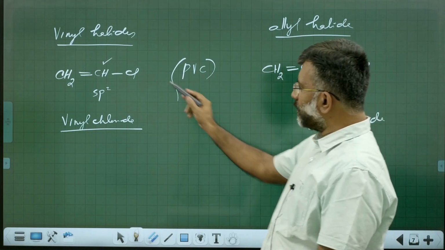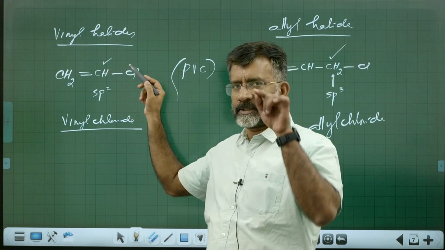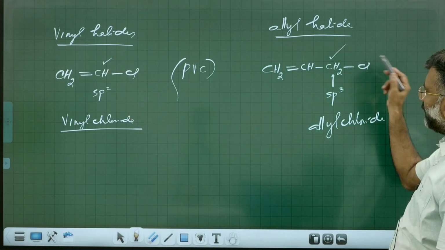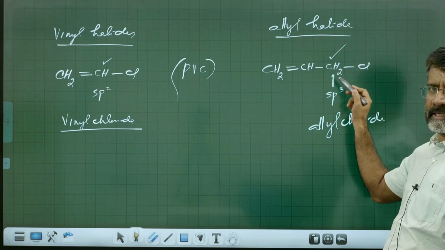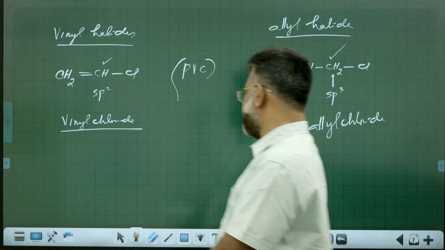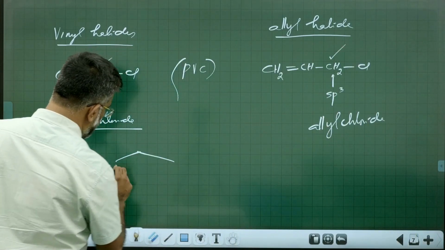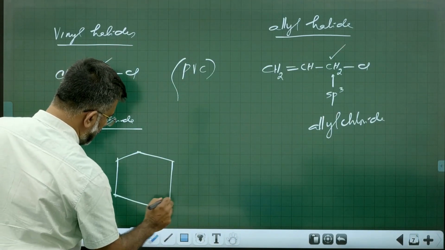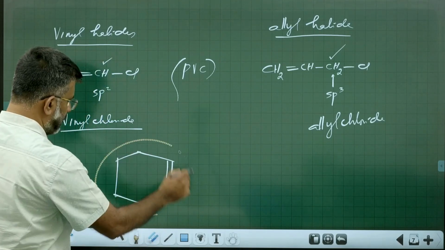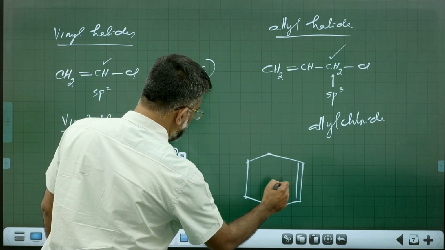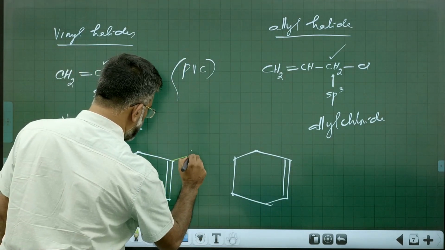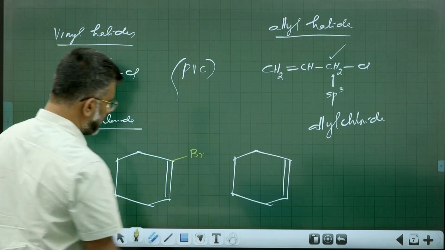So when the chlorine atom is directly connected to the sp2 carbon, that is vinyl, while when the chlorine atom is connected to the sp3 carbon right next to a double bond, that is called allyl halide. Just for example, if you take a molecule like cyclohexene, imagine chlorine or bromine is connected to this carbon.